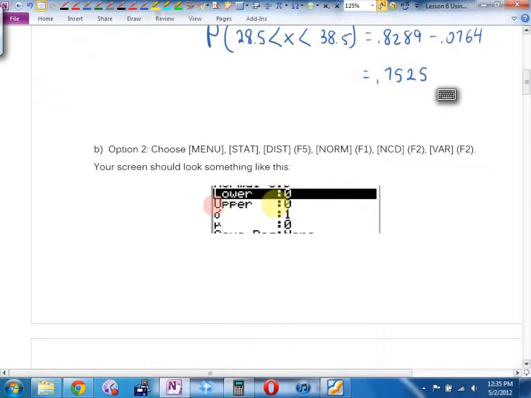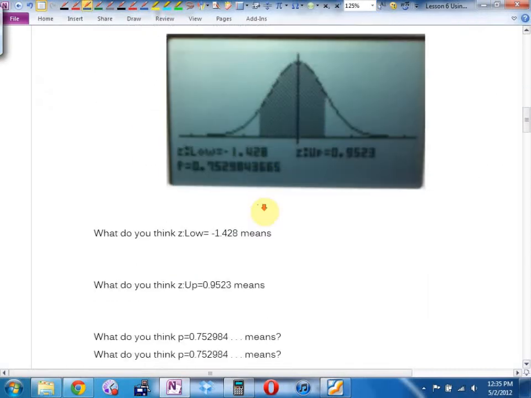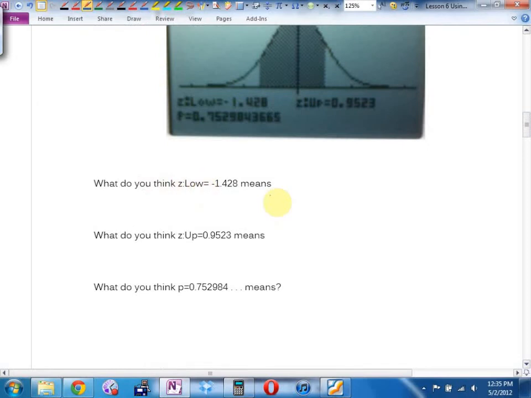Anyways, there's the screen, and then here's walking you through it to get to this picture. What do you think Z low means? The lowest Z score. What do you think Z up means?